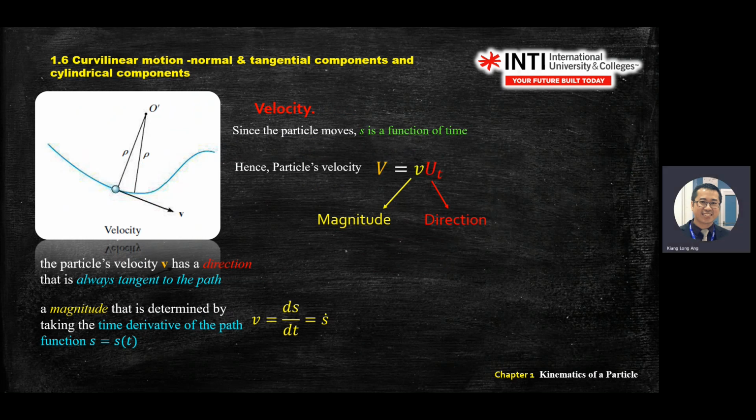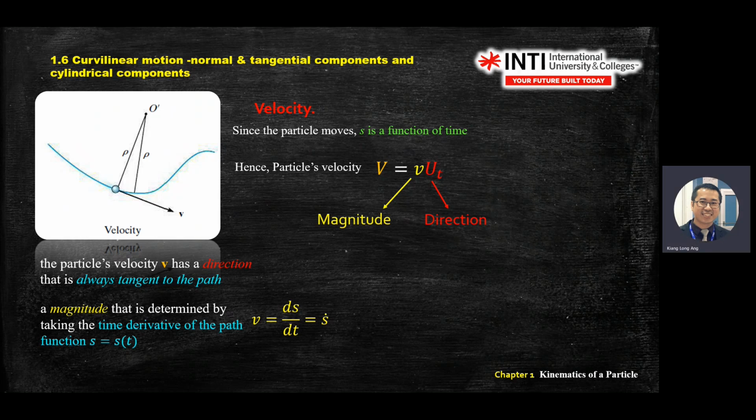Okay, this one I go very fast. Velocity, you can split. Velocity again is a vector. Vector, you have magnitude and direction. You can write your vector in a form of v, capital V, small v, and ut. V is magnitude, ut is direction.